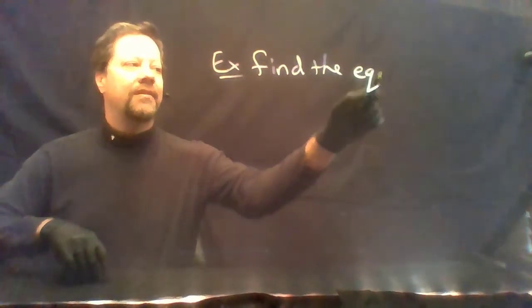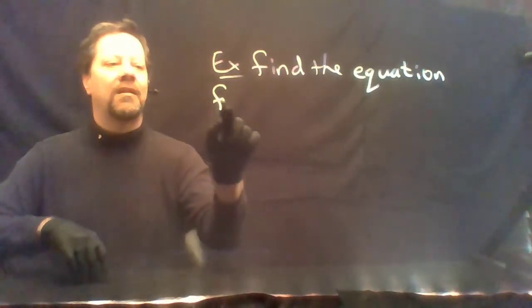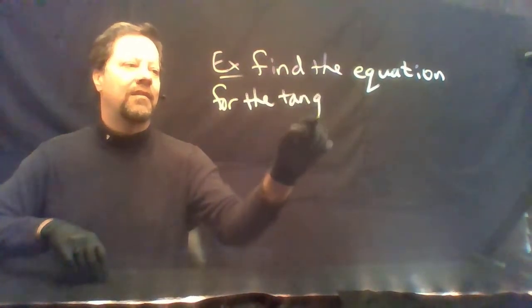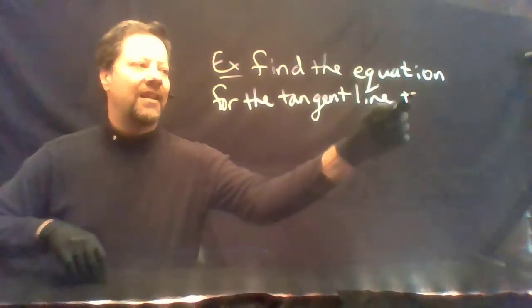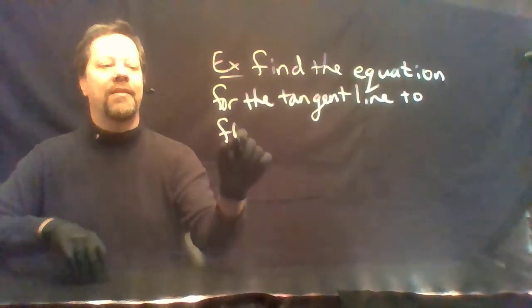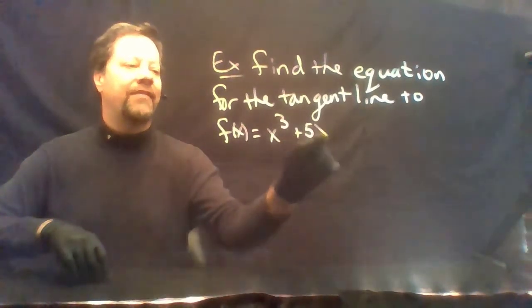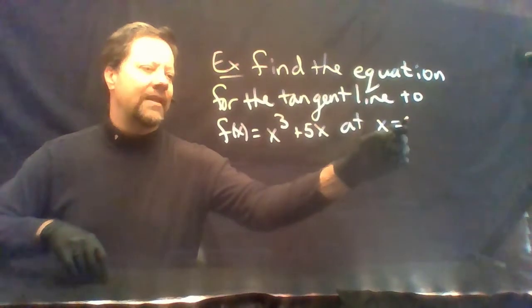Find the equation for the tangent line to the function f of x equals x cubed plus 5x at x equals, let's say, 1.